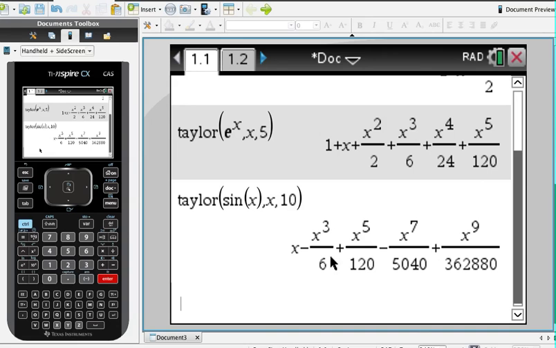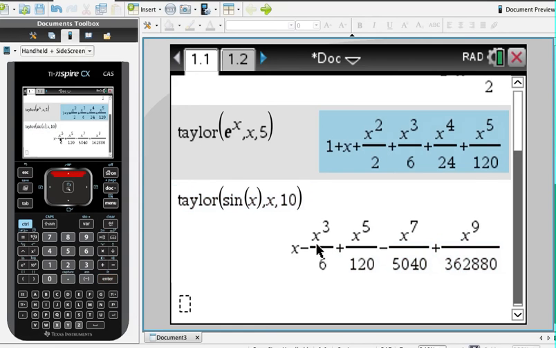Now you say there is no 10th degree. That's correct. There are no even degree Taylor polynomial terms. Sine of x is an odd function, therefore all the terms have only an odd exponent.